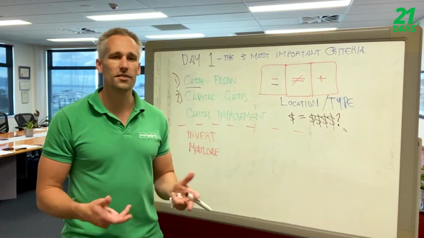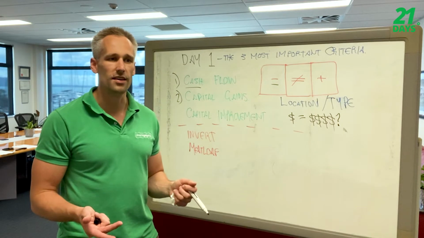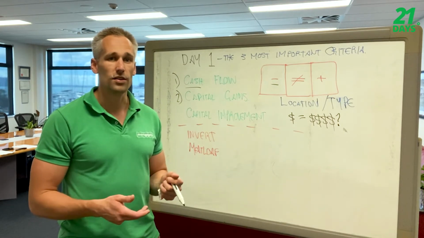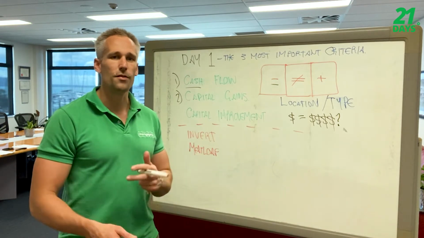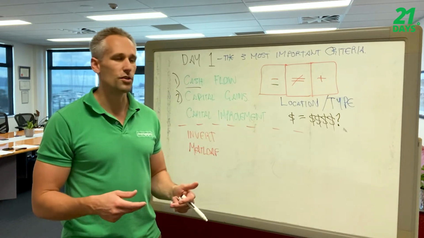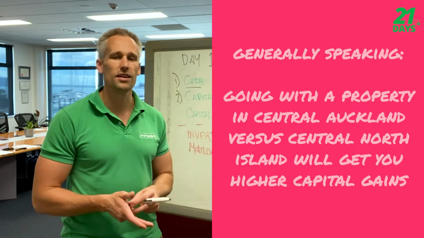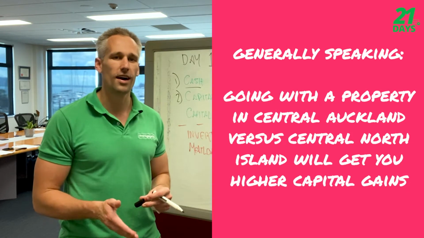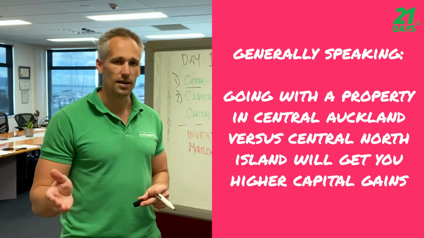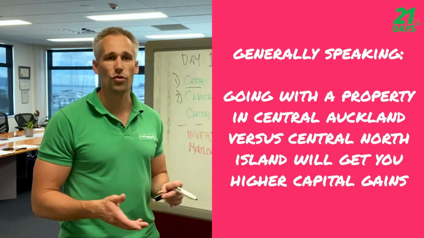But as we get further, 5, 10, 15, 20 years in the future, it's much harder to make those capital gains predictions. But if you can buy a $700,000 property in Kapiti or a $700,000 property in Remuera, if those properties are both exactly the same and they're returning the same rent, generally speaking, going with a property in central Auckland is going to get you higher capital gain than a property, say central North Island, for example.